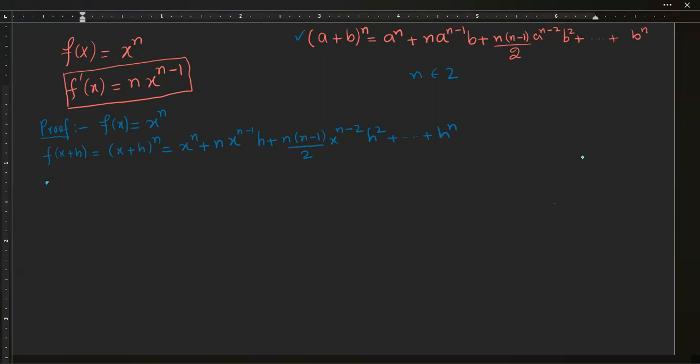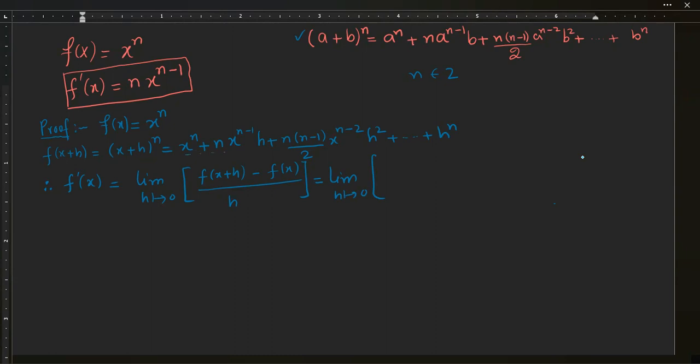Then we can write down the definition of the derivative, which is given by limit h tends to 0, f of x plus h minus f of x, and all of this divided by h, जिसको हम ऐसे लिख सकते हैं limit h tends to 0, then f of x plus h is this guy over here.